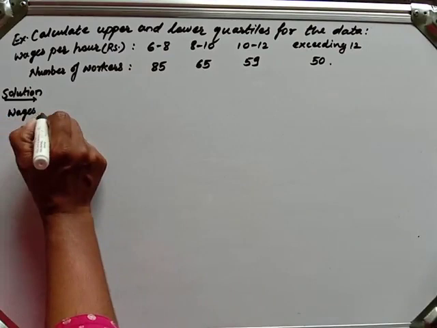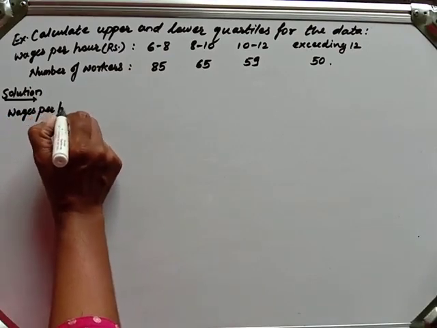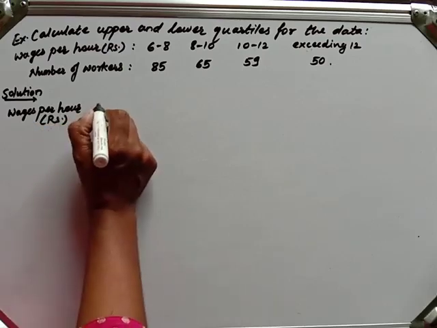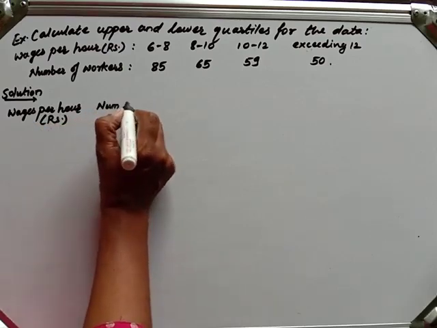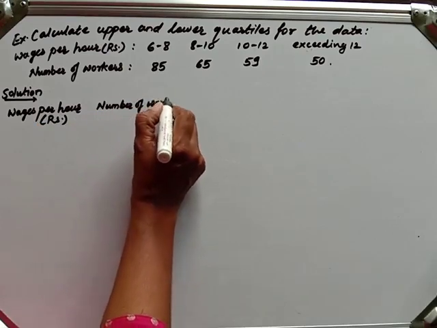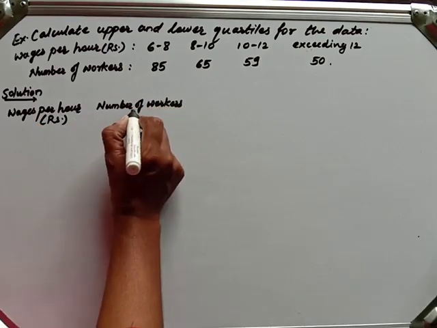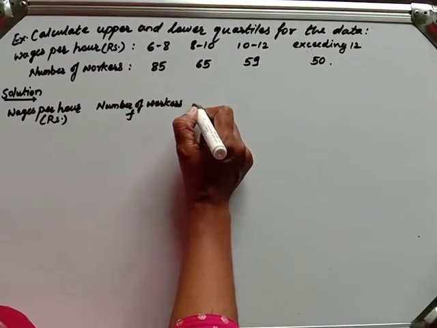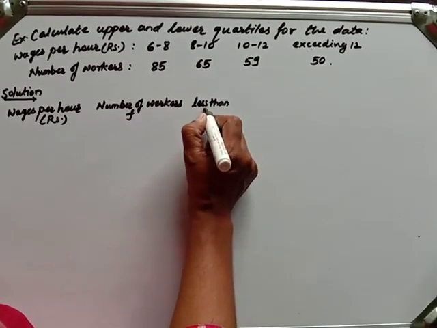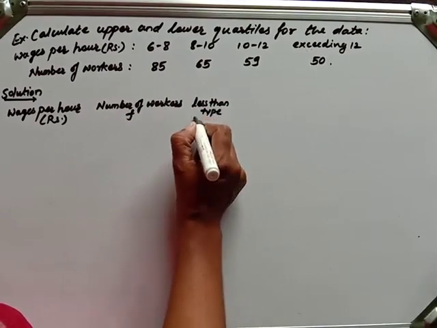Wages per hour, this is in rupees, and number of workers is nothing but our frequency. Then the less than type cumulative frequency.